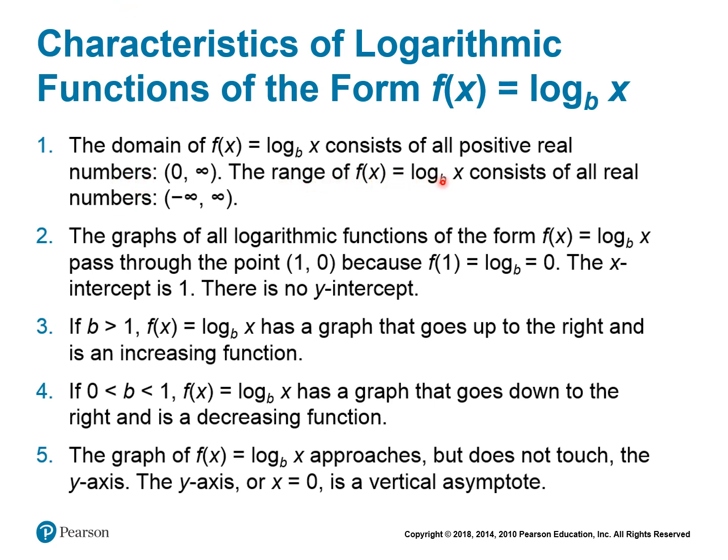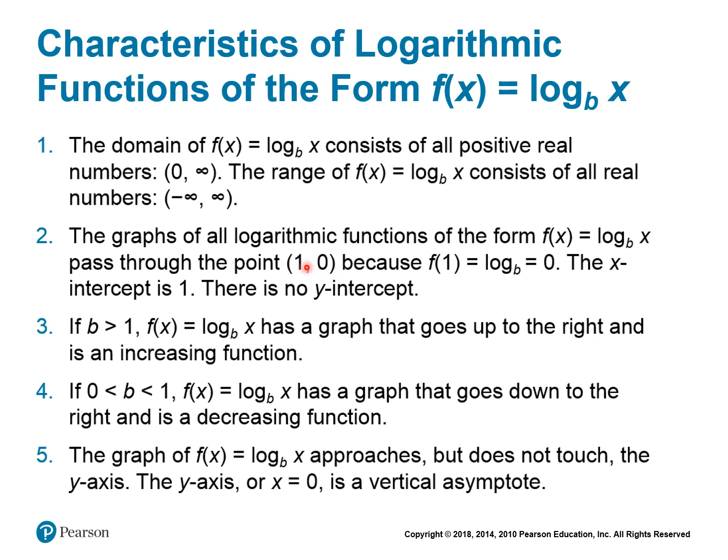The range of f of x of the logarithmic function consists of all real numbers, negative infinity to positive infinity. So there are no constraints on the range, but for the domain it's 0 comma infinity, so all values greater than 0. Number 2, the graphs of all logarithmic functions pass through the point 1 comma 0.